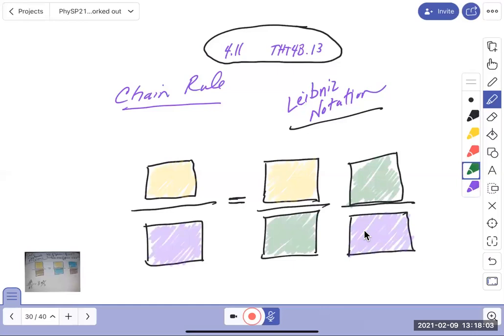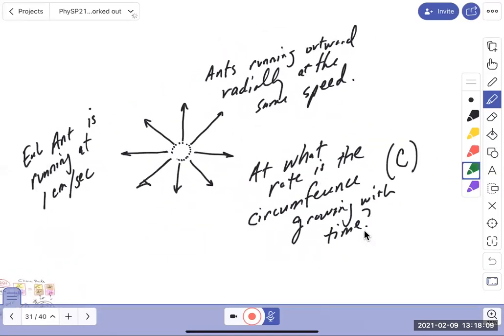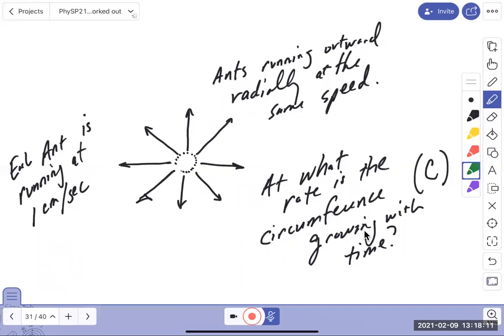Okay, now let's look at a situation. Let's say we have 100 ants on a driveway, and there's some sugar water.